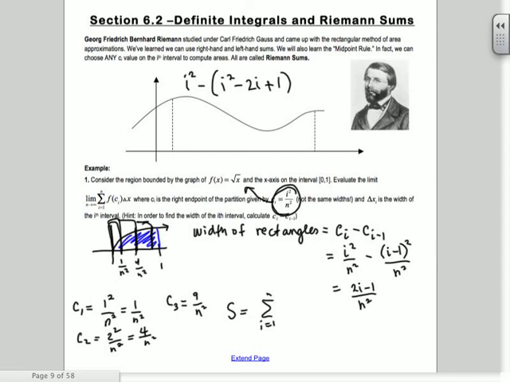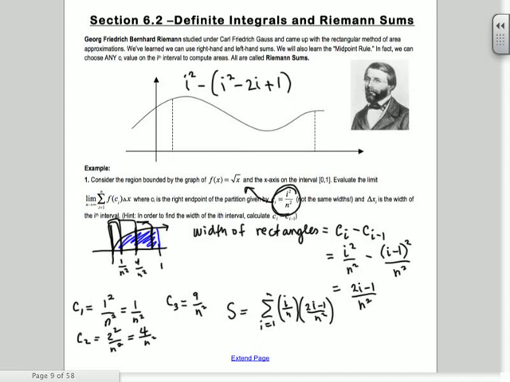You can write that out if you want, but I'm just going to write i over n for my height times the width, so 2i minus 1 over n squared. Just so you could see that the width was changing. You don't always have to do that, but I think sometimes it helps with actual numbers instead of i's and n's and k's.